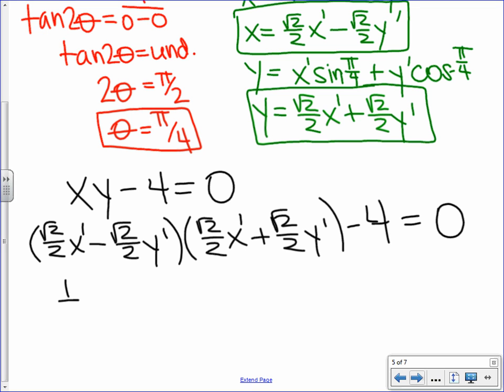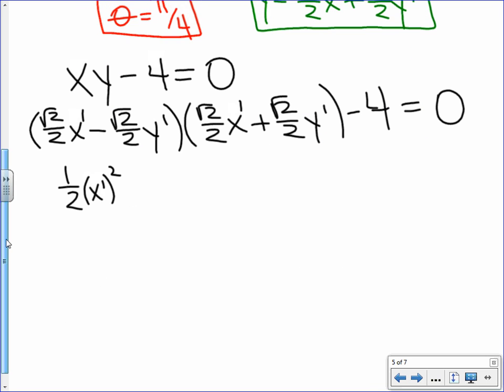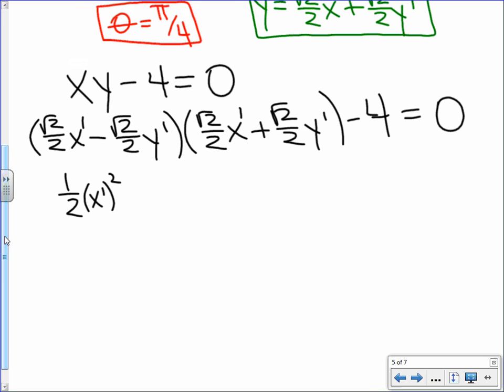So we have 1/2, and I'm going to write (x prime) squared, because we have x prime times x prime. You don't have to put the parentheses there, but if you don't, it kind of looks like a 12, and I don't want you to get confused. So I'm going to write them in parentheses so it doesn't look like x to the 12th power. Radical 2 over 2 x prime times radical 2 over 2 y prime.